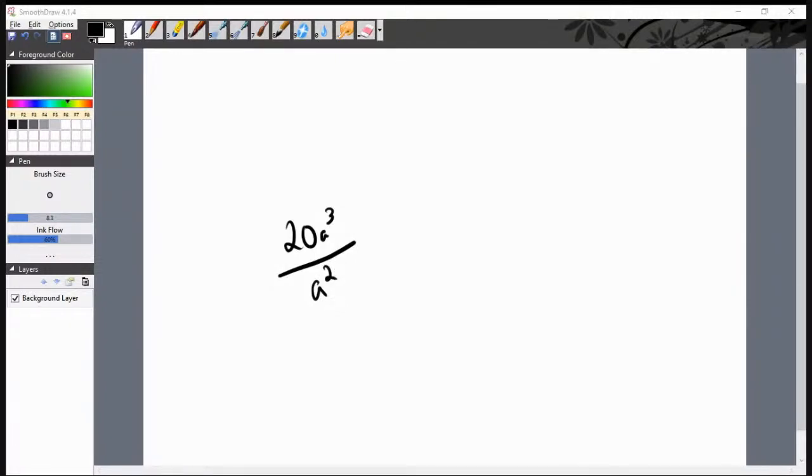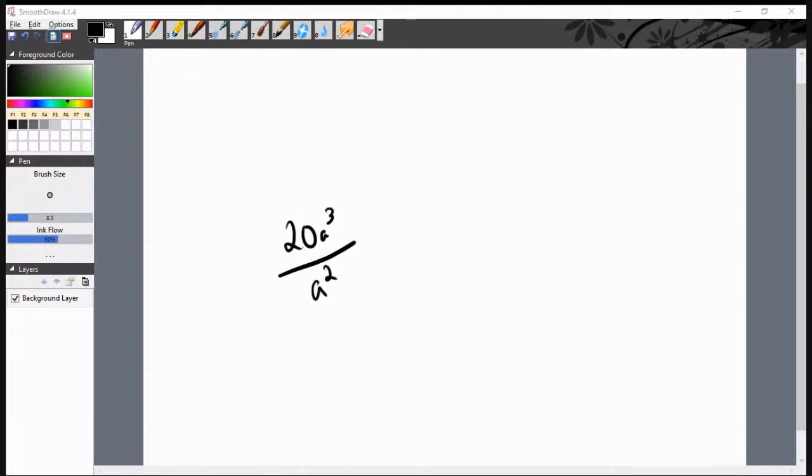Who remembers what I do with my exponents if it's division? No. You subtract them.